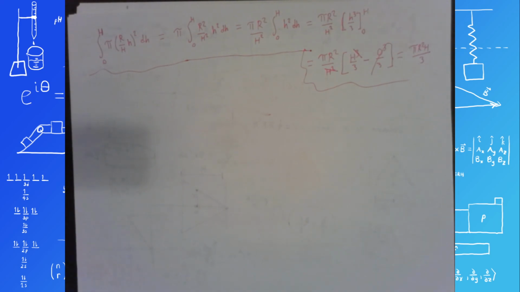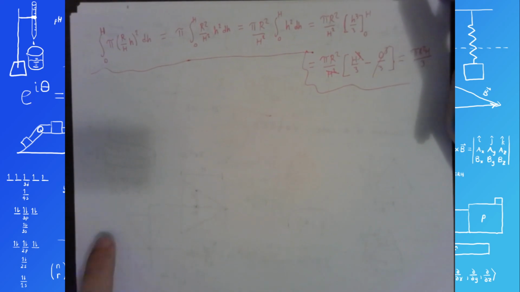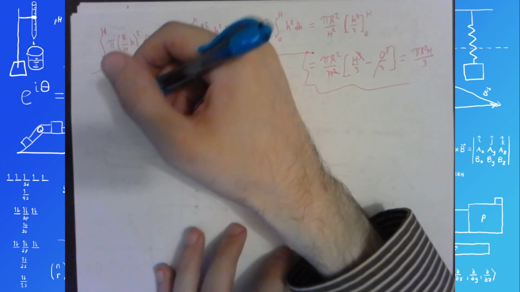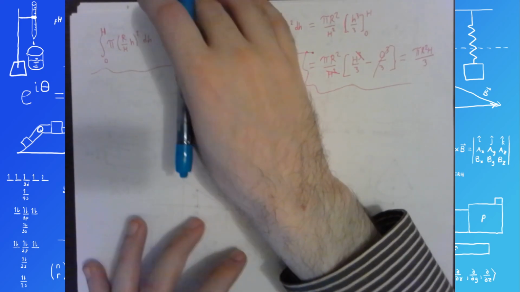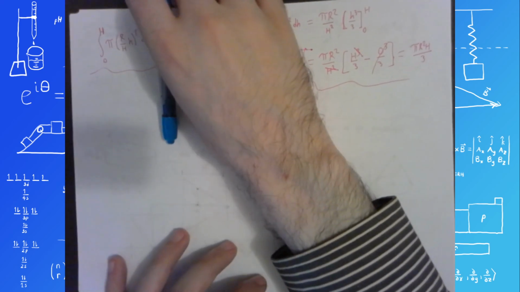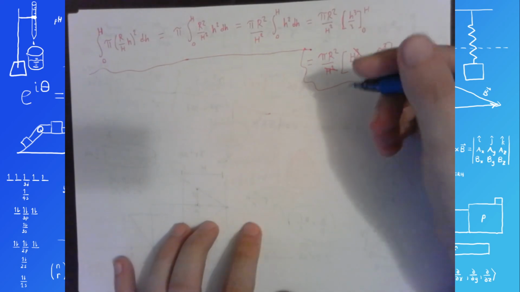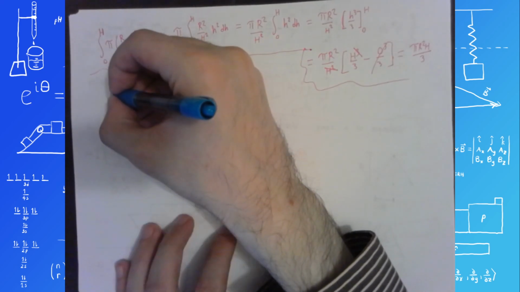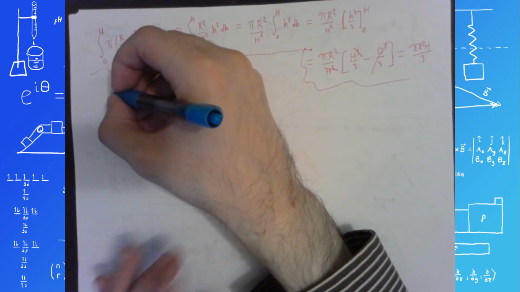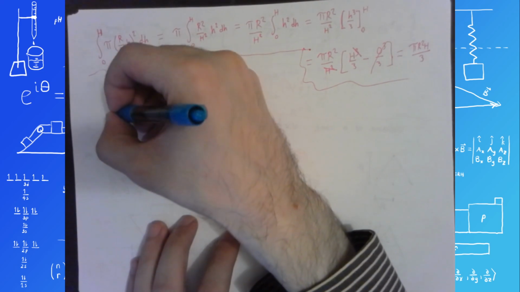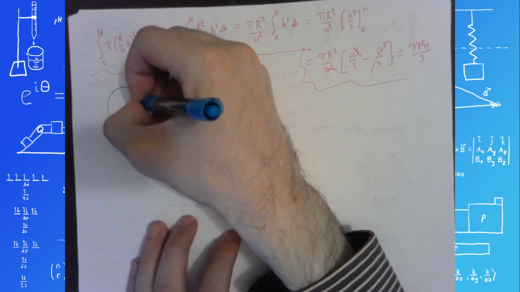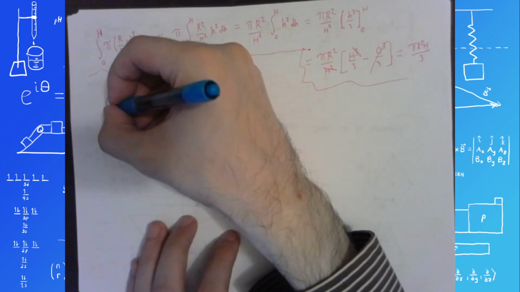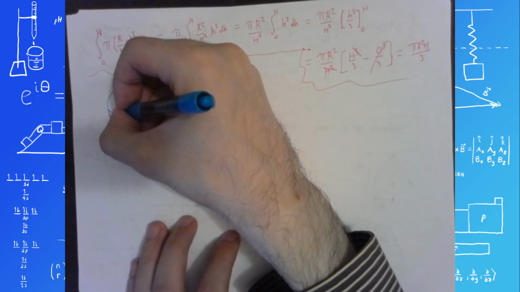How about a problem that we run into in physics sometimes, where you might have an object with a variable density. Let's say, for example, we have a sphere.